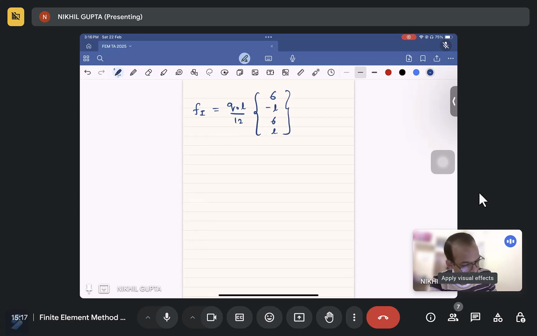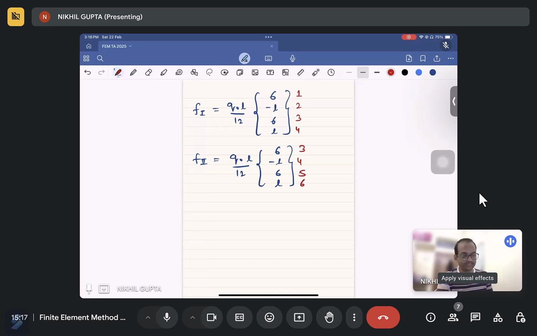Since it is for element 1, the degrees of freedom will be 1 2 3 4. Similarly, if you put F2, since the L is the same, it will also become the same quantity in the vector. So it is 6 minus L, 6 and L, but the degrees of freedom will change and become 3 4 5 6.